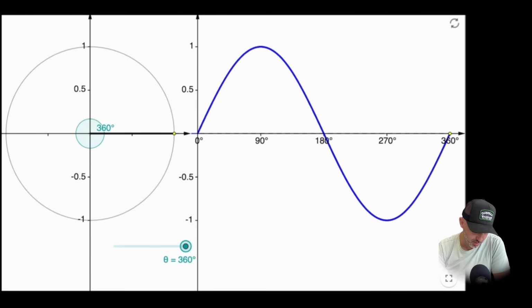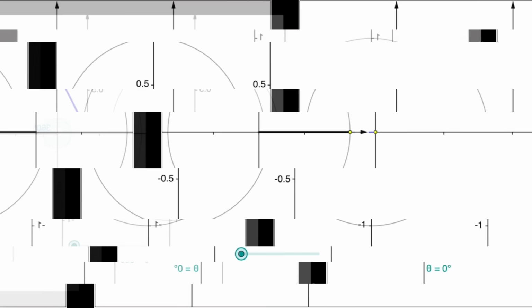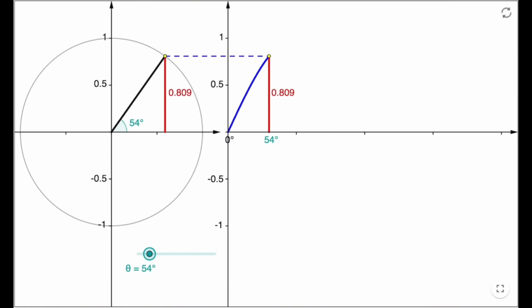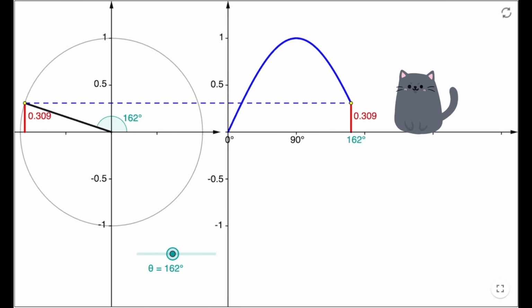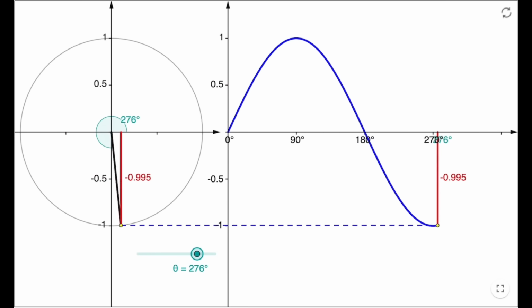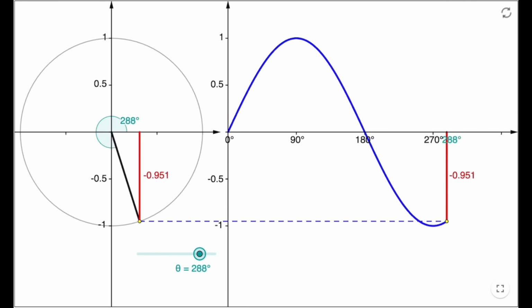The second graph I have here is sine. And last but not least, the graph for tangent.